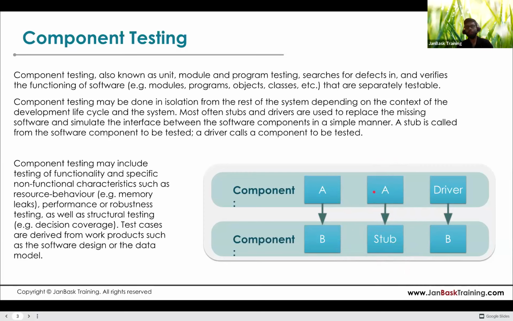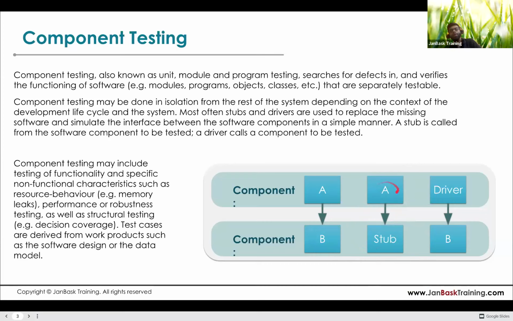So what you will do is use a particular software or a third party module as your stub, which will just show you if the payment is successful: yes, your order is confirmed. If your payment is not successful, it will show you that your order has failed. So in that case we are taking the help of some other module as the stub to test the higher level module, that is, the payment module.